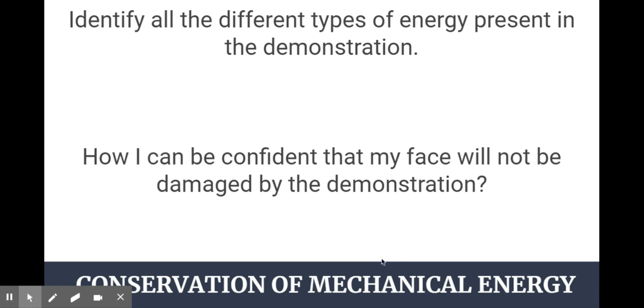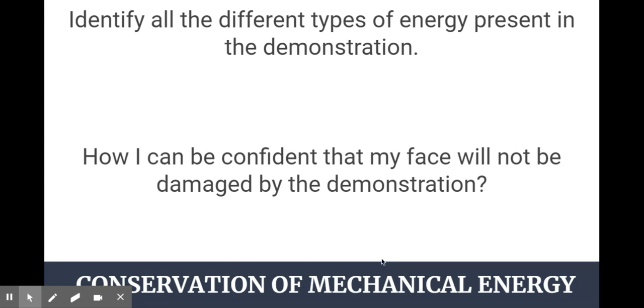And since gravitational potential energy is based on height, it will have the same height. We can be confident, even though it might be a little scary, that it's never going to go higher than its initial position. Because if it goes higher, that means it has more gravitational potential energy than it started with, and its total amount of energy increased. And that doesn't follow with conservation of energy.